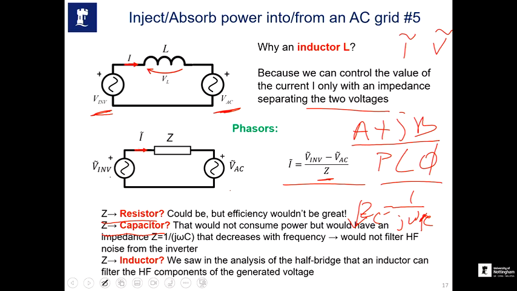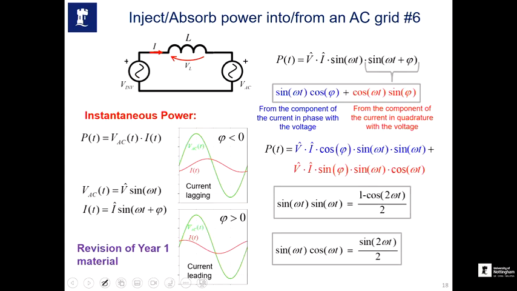We want an impedance which will give a very large impedance to the high frequency signals of this V inverter. So a capacitor is not possible, so we use an inductor, and we already saw in the half bridge analysis how this inductor can filter out the high frequency components.